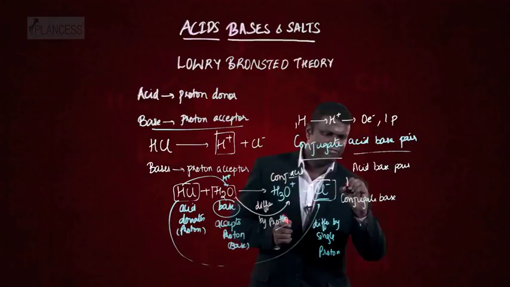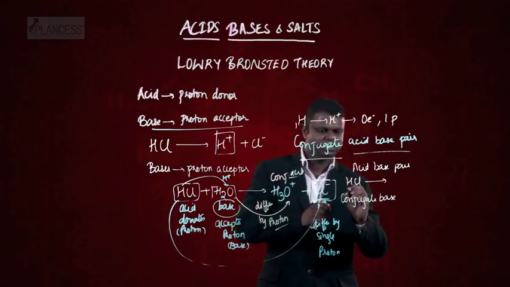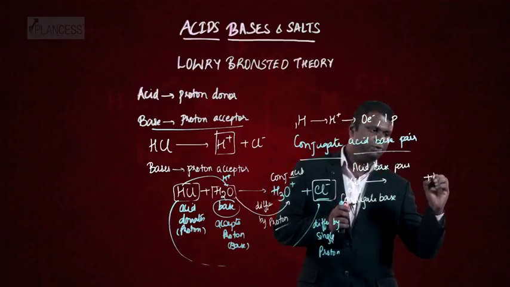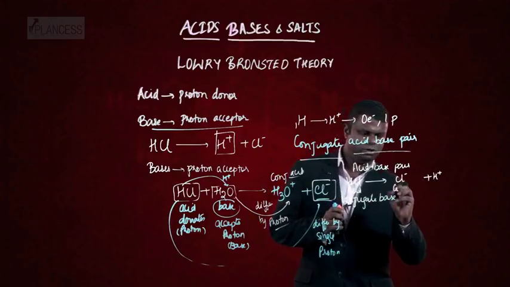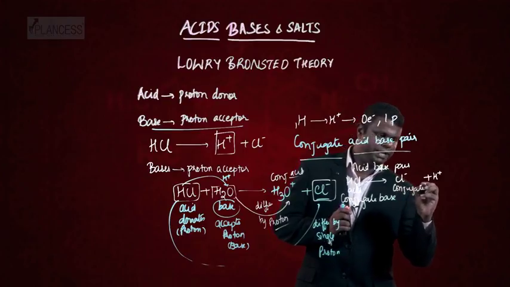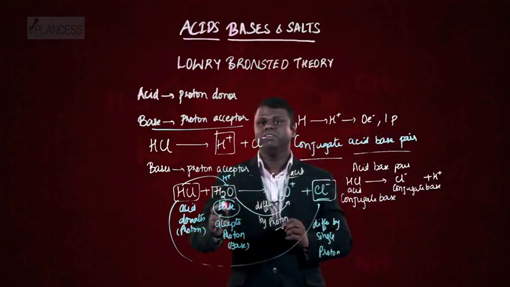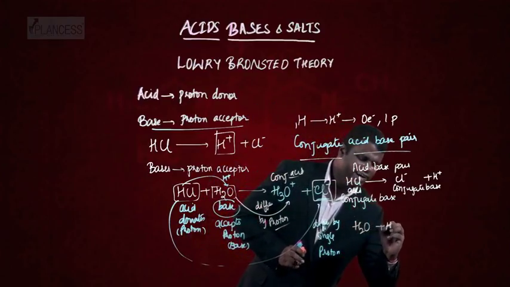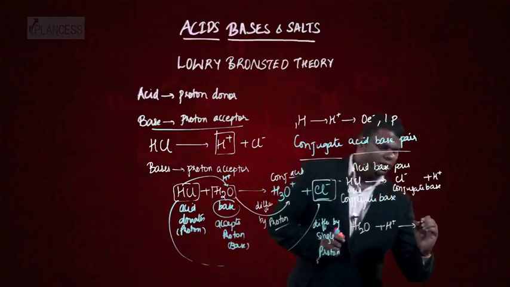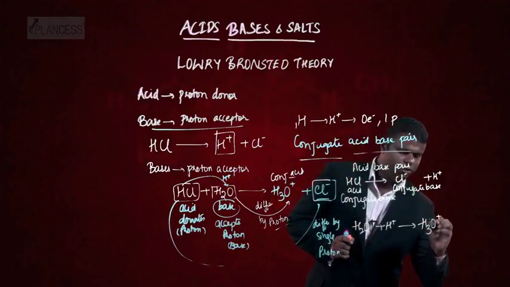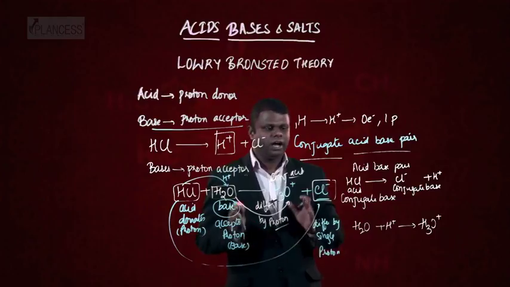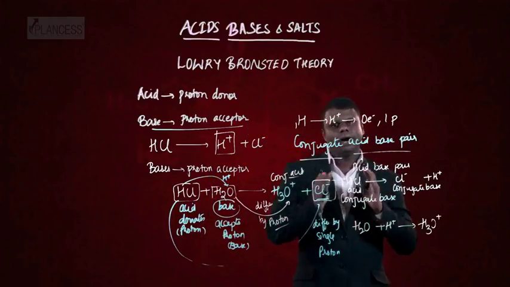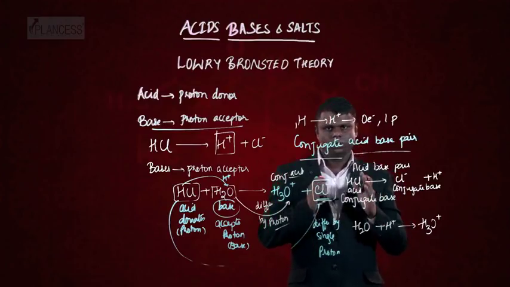For example, HCl is an acid, so I can form its conjugate base by removing a proton. Similarly, H2O is a base, which can accept a proton and form a conjugate acid, which is H3O+.